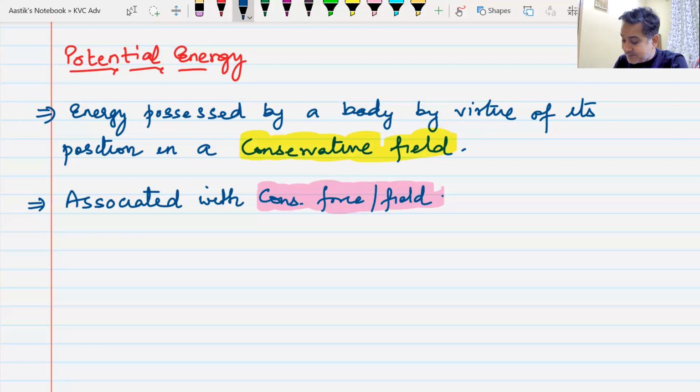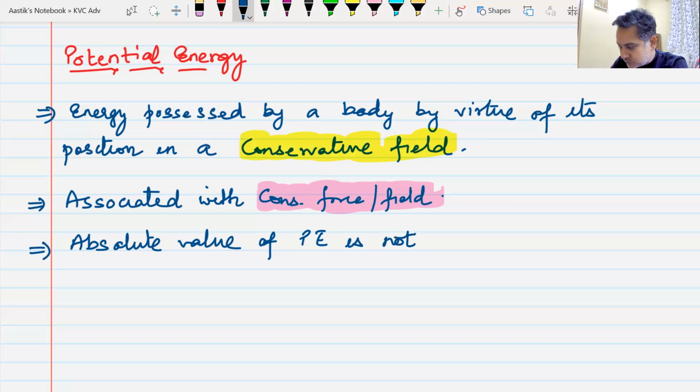Now, remember this: the absolute value of potential energy is not defined. In fact, the absolute value of nothing is defined.